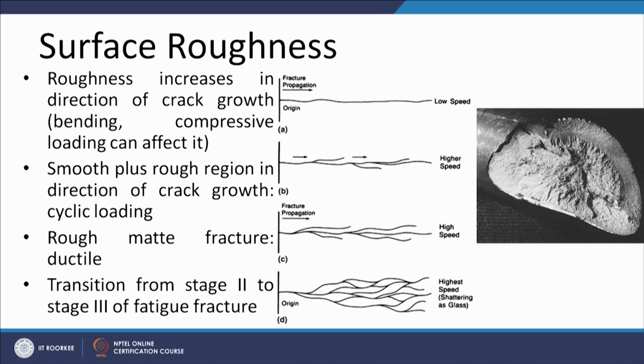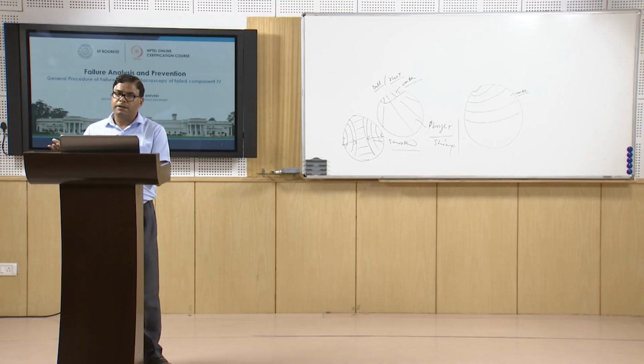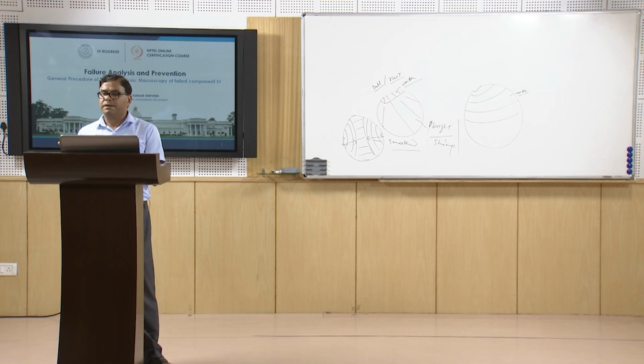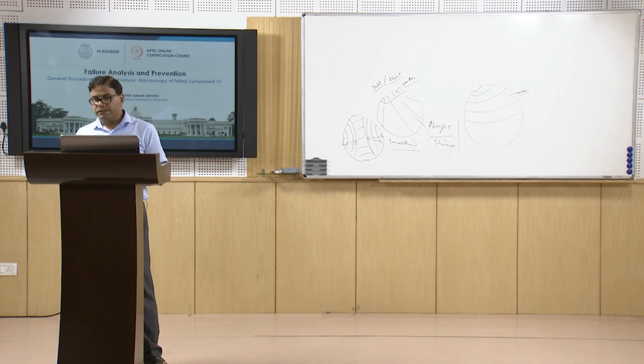In the second stage the surface is smooth, in the third stage the surface is rough according to the mode of fracture, which may be dimple fracture or ductile fracture in case of the ductile materials due to the overloading, or it may be brittle fracture by the cleavage facets in case of the brittle material. So, there can be a lot of transitions or variation in the surface roughness, but in general roughness increases in the direction of the crack growth.